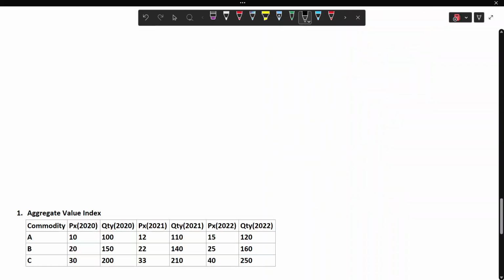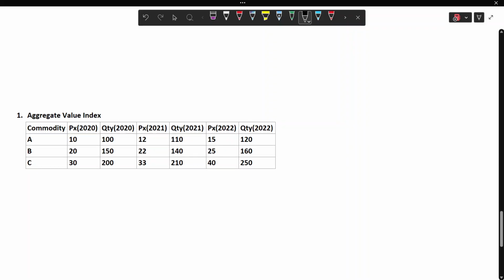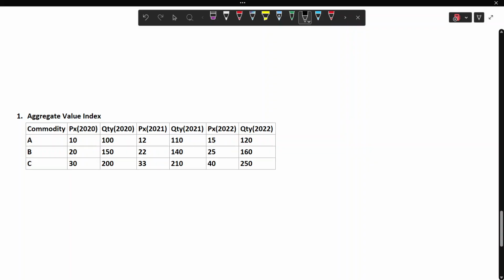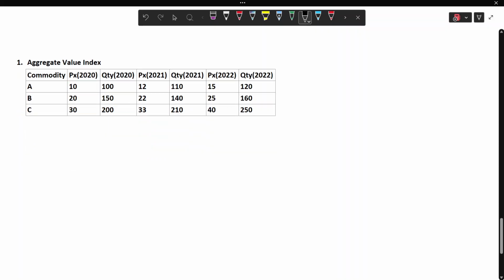Okay, let's solve the last question on the aggregative method, then end it here. When we come next time, we'll begin with the weighted index. So now the aggregate value index.